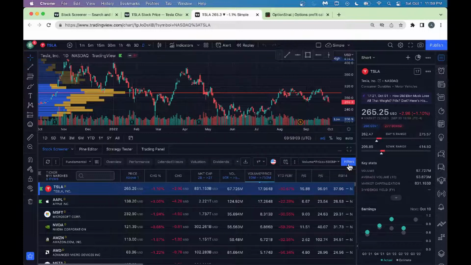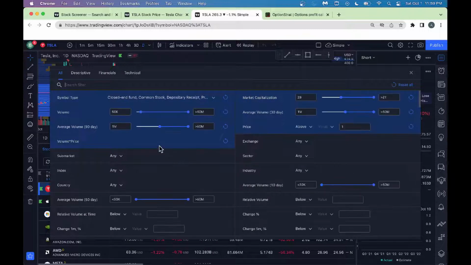Let's go back to the filter here, and instead of 1 million here, let's make this say 20 million, even 50 million. Let's make it 50 million. And okay, now we got 50 million here, price times volume. We want to look at the most liquid stocks, so that's why we don't want this small stuff here.